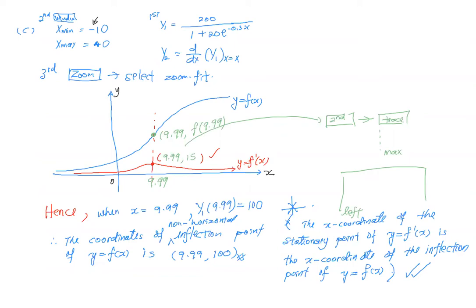Can someone tell me, describe the changes of y equal to f(x) at this point. Gladys? At this point, y equals to f(x) is increasing at the maximum rate.